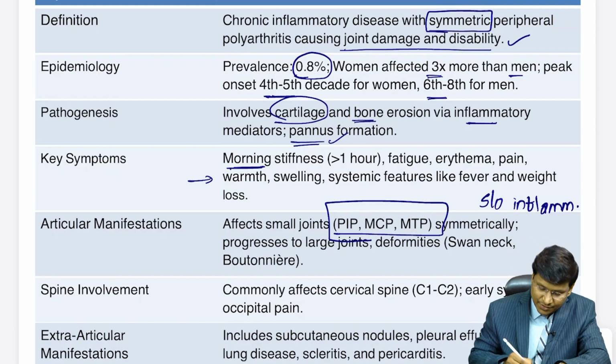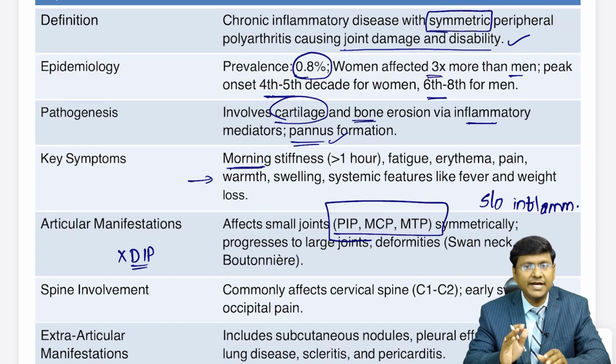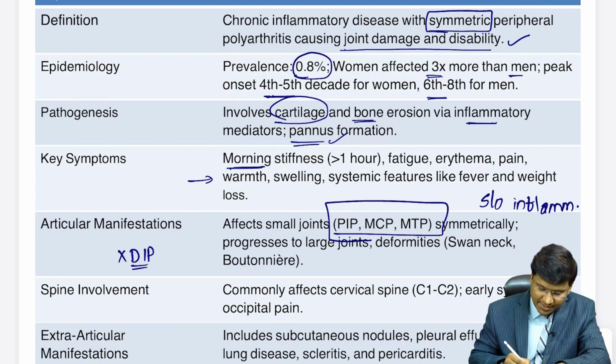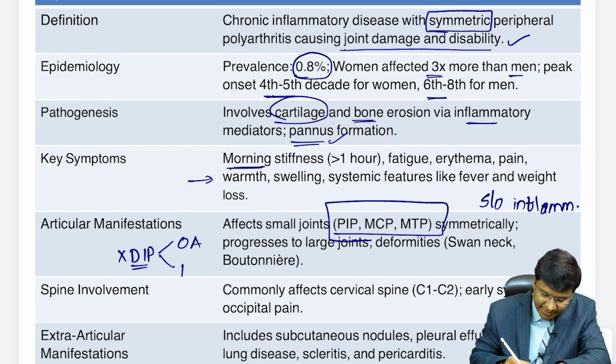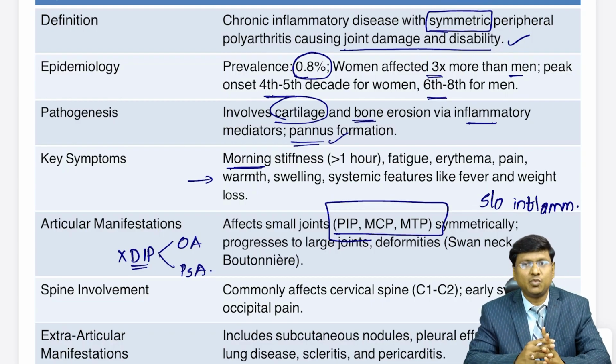And please remember, you don't have involvement of the distal interphalangeal joint. It is only the involvement of PIP, MCP, and MTP. DIP involvement is observed in osteoarthritis and in psoriatic arthritis. So these are the 2 conditions where you have involvement of the distal interphalangeal joint.